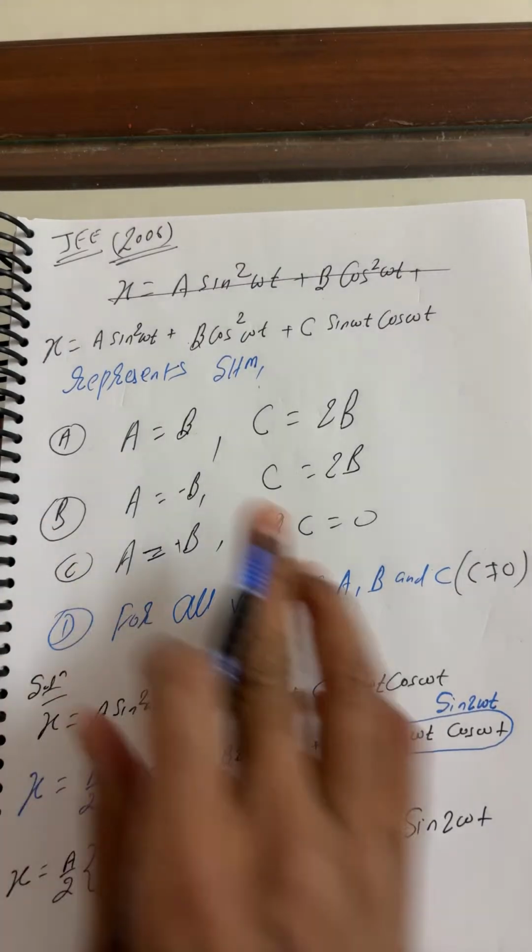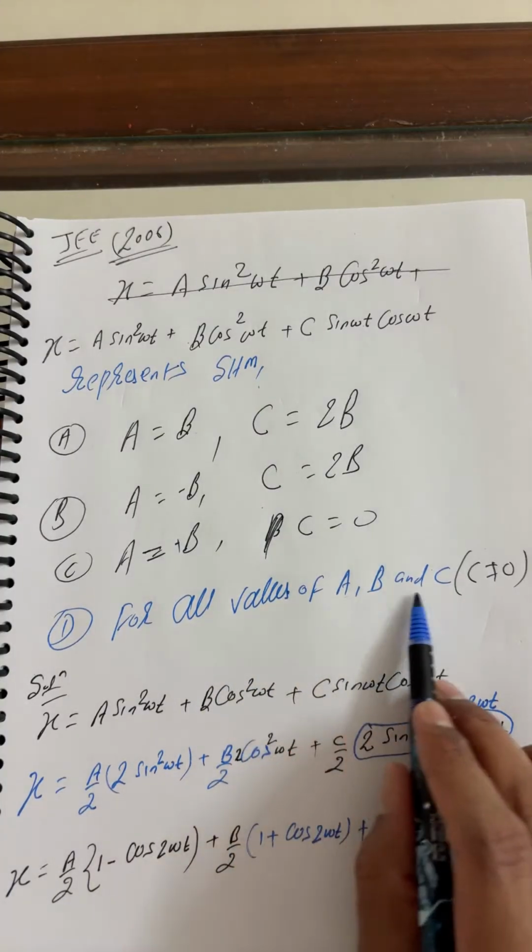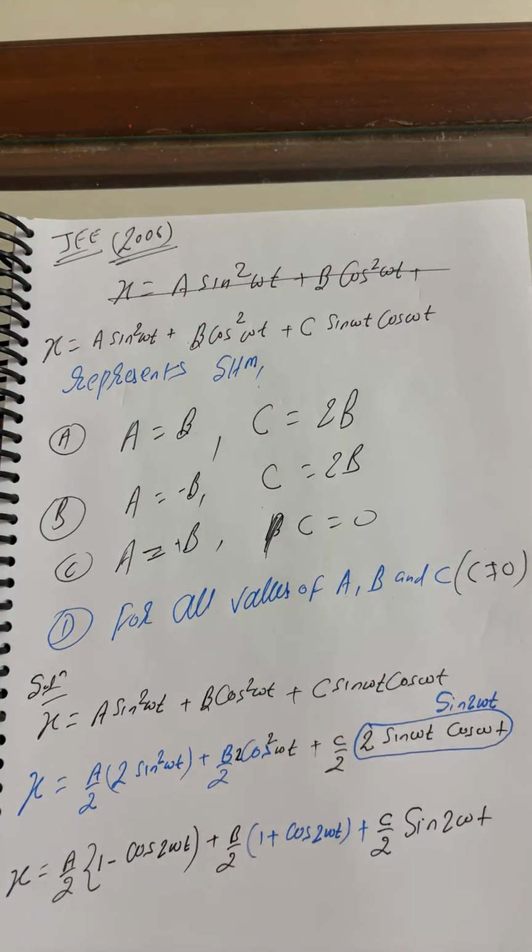Now let us go through your options. What does the option say? For all values of A, B, C except C not equal to 0.